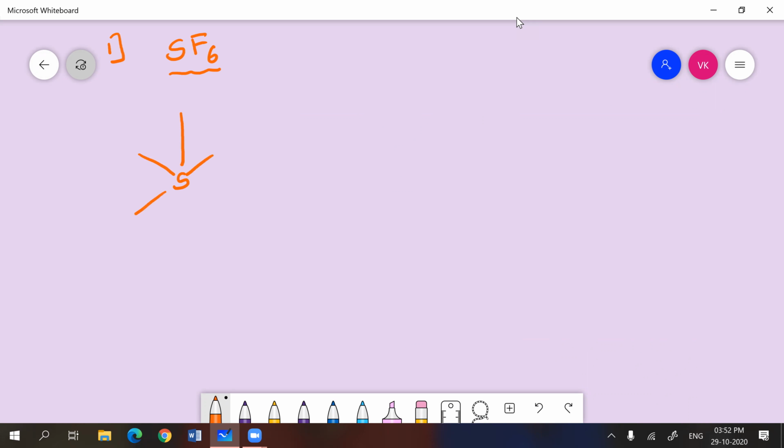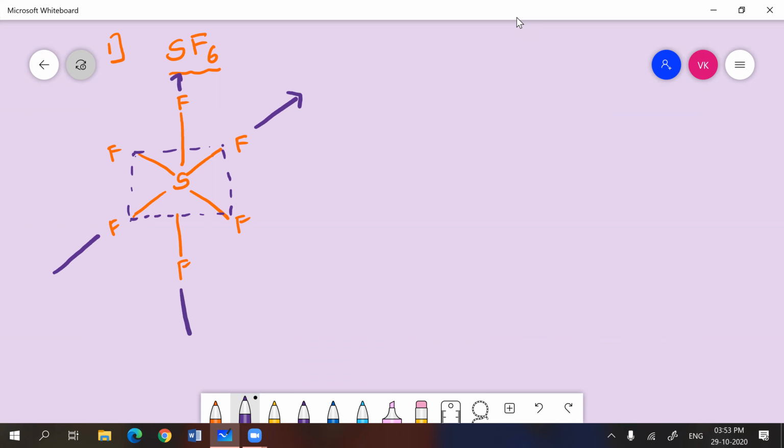Here you have 4 equatorial fluorine atoms and 2 axial fluorine atoms. First please draw the axes, so we can find how we can invert this molecule. So these are the 3 axes.